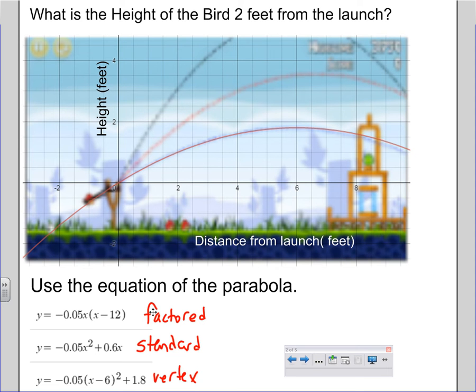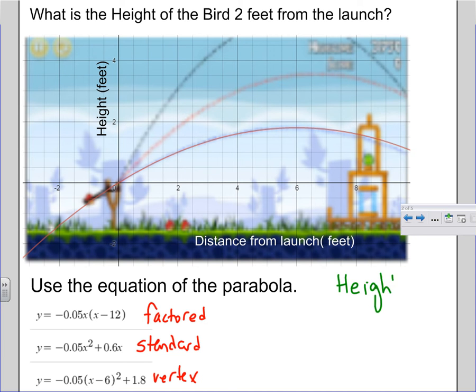But any of these forms can be used to figure out the output. That is, what is the height? I'm finding height because the y-axis is height here. So I can find out the height if I know, in this case, the distance launched, because that's on the x side.